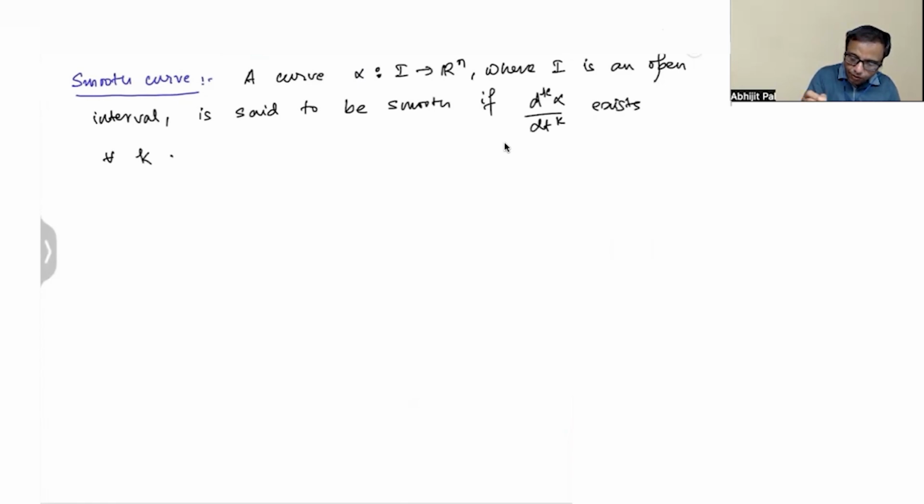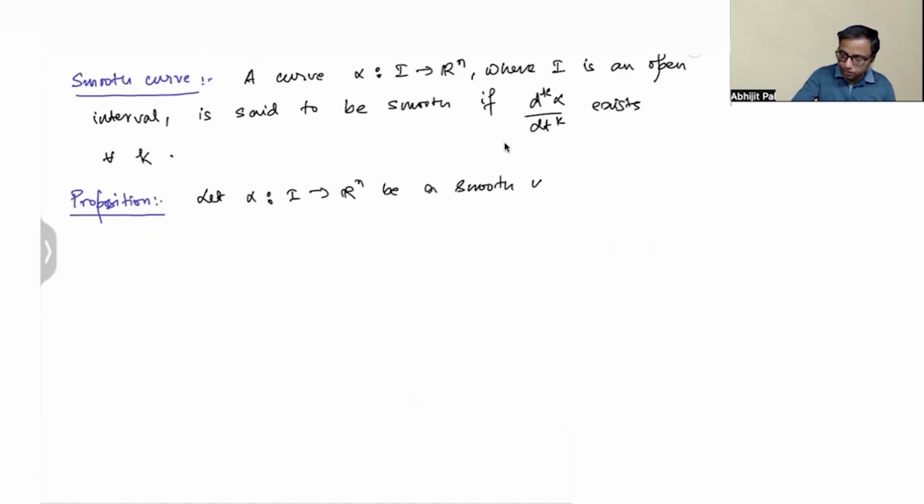Okay, so now let me write a proposition. Let alpha be a smooth curve and let us take a closed interval [a, b] inside this interval I. Mind that this I is an open interval.